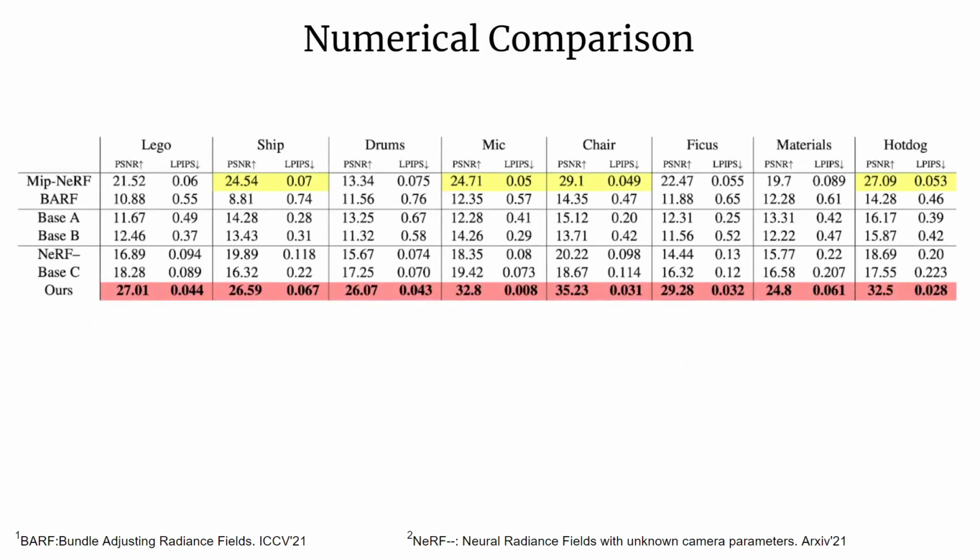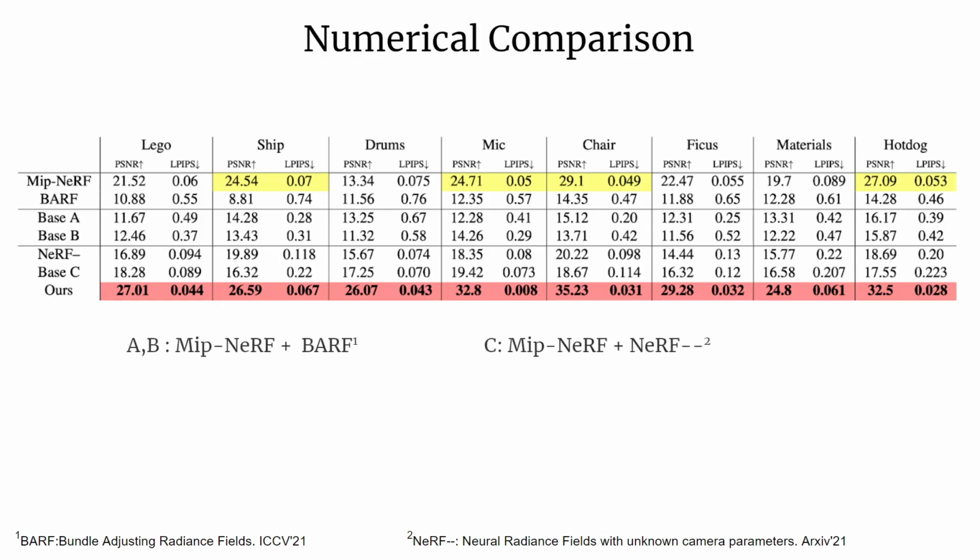We further perform a numerical comparison of our approach with respect to the existing baselines, involving the baselines that have integrated neural radiance fields with pose optimization procedures like BARF and NeRF--.